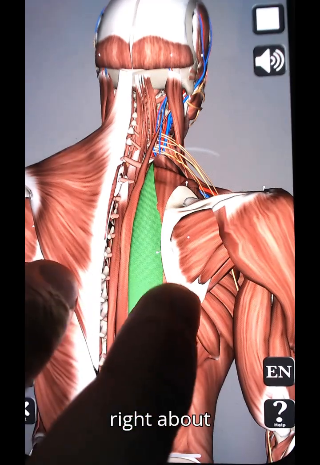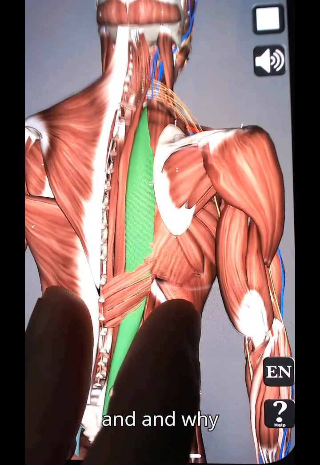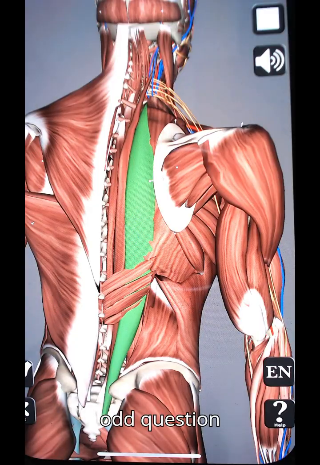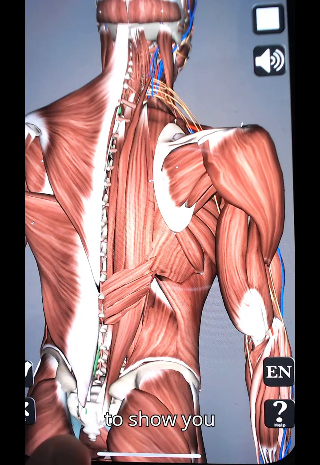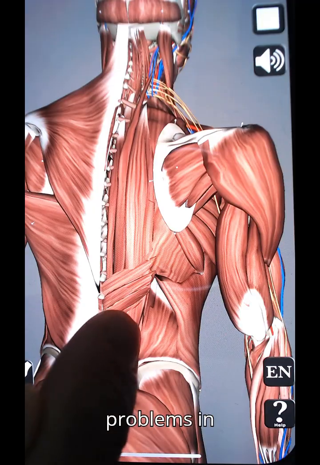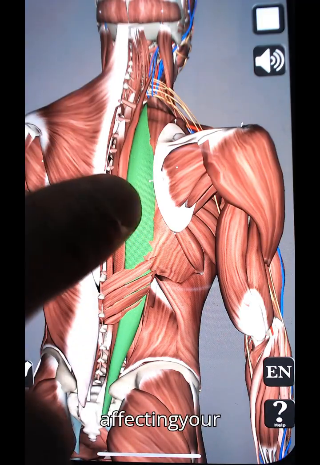You'll feel it right about there when you move your neck, and why? It's an odd question again, but it originates really deep down over here at your sacrum, and I'm going to show you how any kind of problems in the sacrum could be affecting your neck.